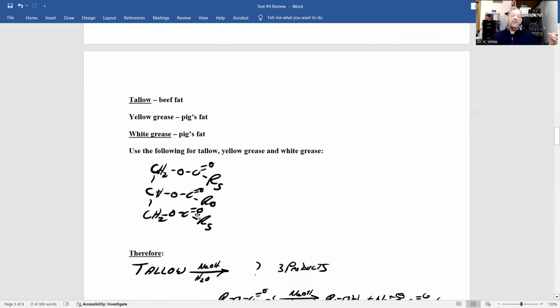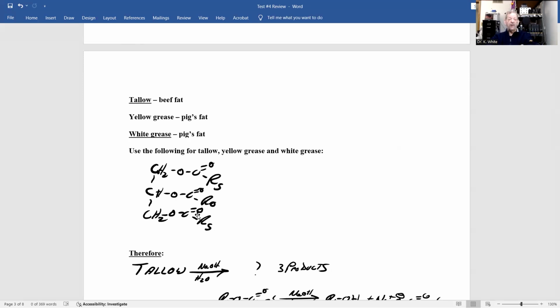Now, since I worked in the industry, I'm going to teach you some stuff that's not in the book or is not correctly in the book, if you had the book, and that is you should know tallow is beef fat, and yellow grease is its quality of pig's fat, and white grease is a lower quality of pig's fat.